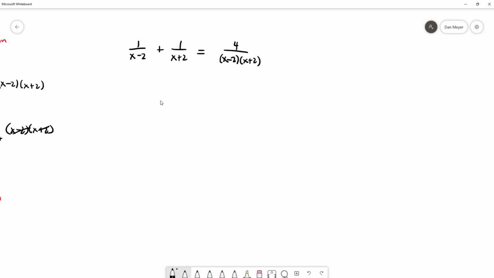I can get common denominators. If I multiply on top and bottom by x plus 2 here, and on top and bottom by x minus 2 here, I can get some common denominators. Sorry, I'm making some really bad mistakes here.